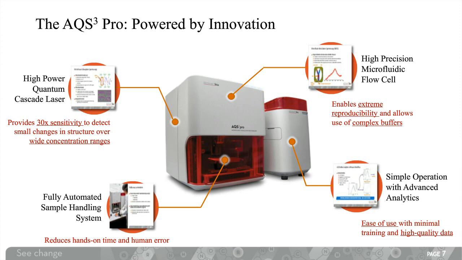The system is fully automated, meaning that we run our samples not one by one with cleaning in between, but we load our samples into either 24 or 96 well plates, and we set up our method, and the system will take samples as we wish in the order in which we wish.